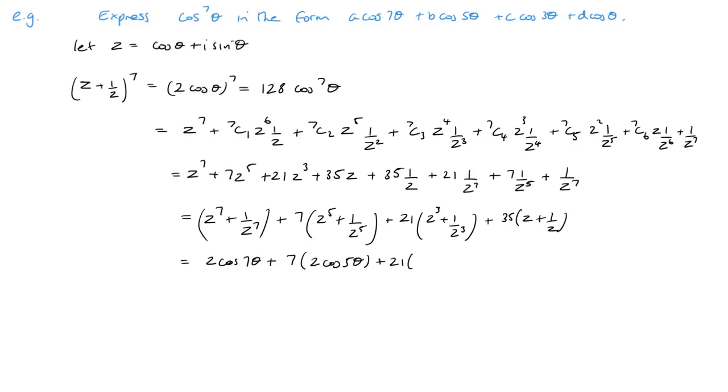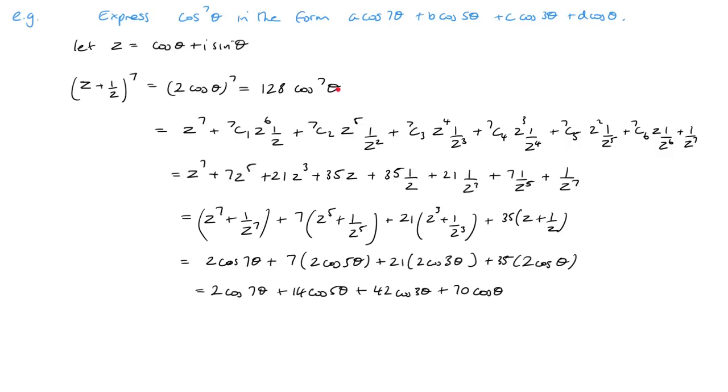And then we've got 21 times 2 cos 3 theta plus 35 times 2 cos theta. So we've got 2 cos 7 theta plus 14 cos 5 theta plus 42 cos 3 theta plus 70 cos theta.